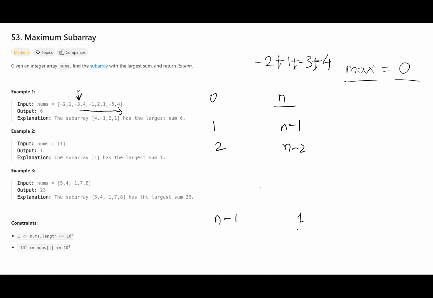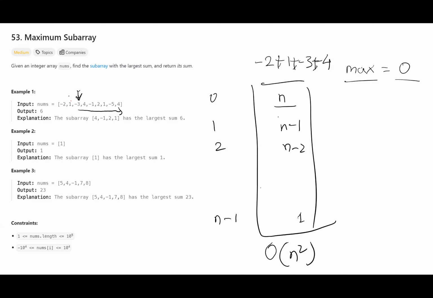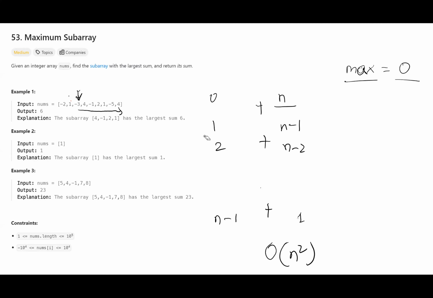If we add all of these up, the total number of operations is order of n square. So in order of n square, we are trying all possible subarrays and updating the max, and whatever the max value is, we'll get that. So that's the naive approach.